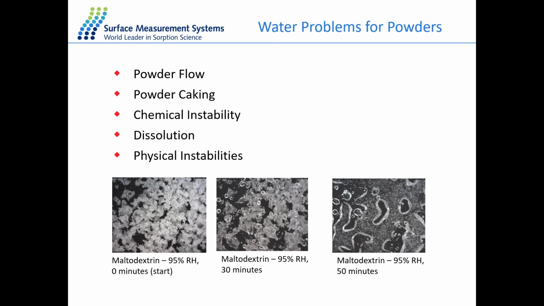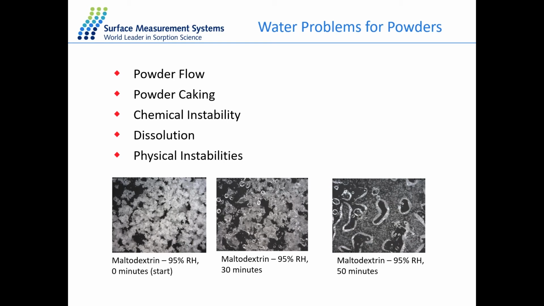And especially in the food industry, moisture will cause lots of different problems. For example, powder caking that will affect the powder flowability, or the instability of the material, both physically and chemically. And moisture can also induce phase change, for example, dissolution or deliquescence of sugar in a higher humidity environment.